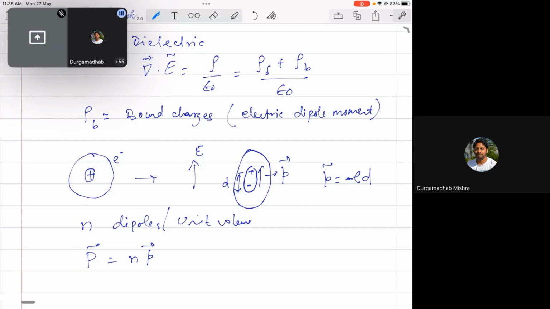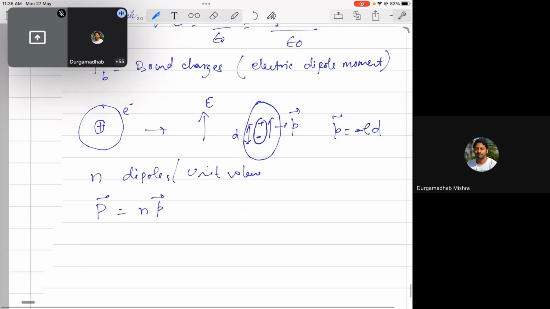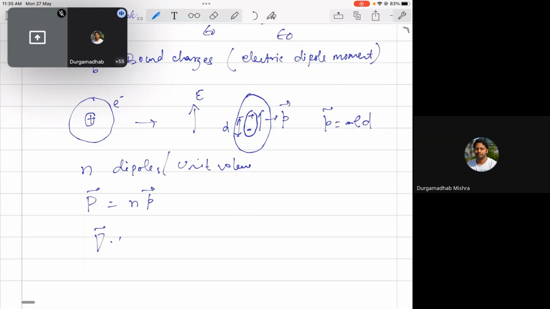Definitely these bound charges cannot exist in free space or in a vacuum. They can only exist within the material. Now how will this equation modify? We can define this rho B, the bound charges, as the negative divergence of the polarization.